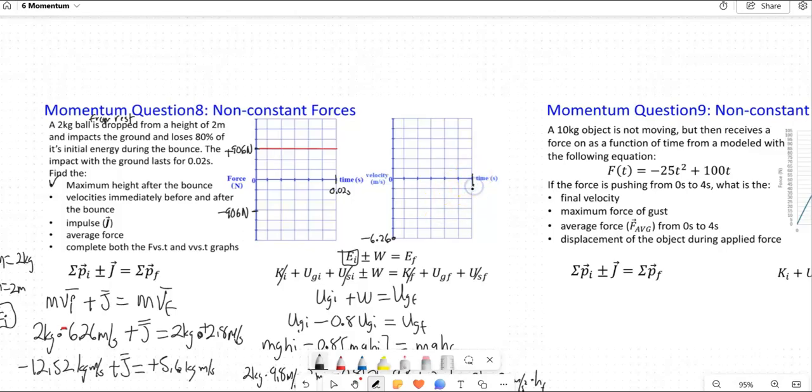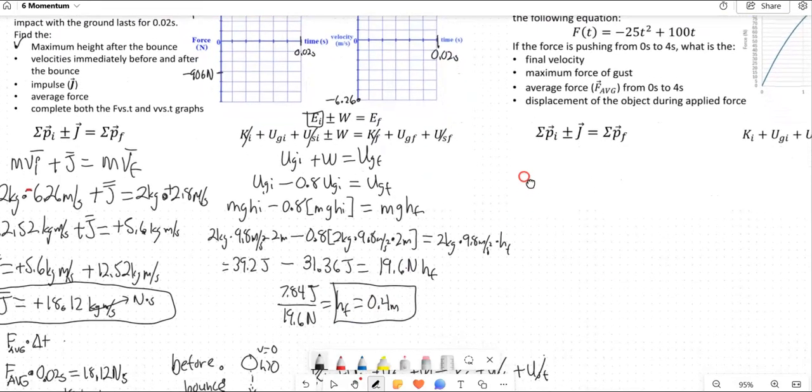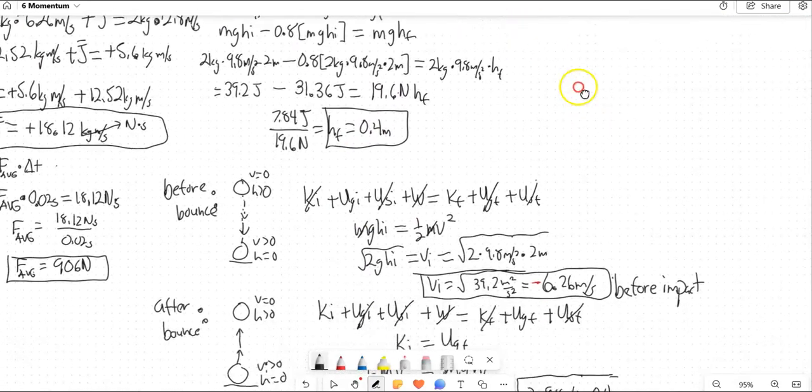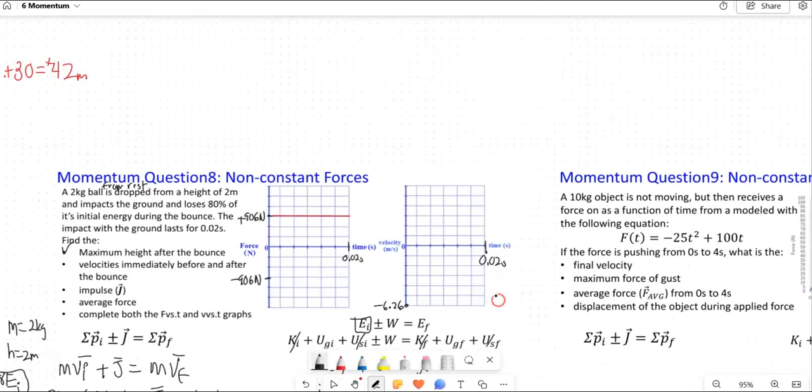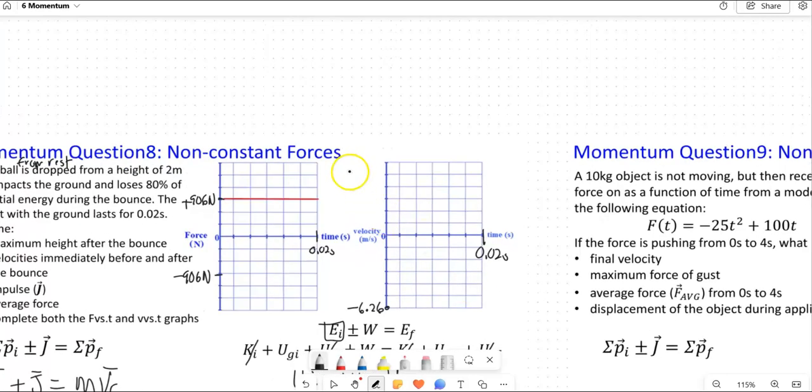And over the period of 0.02 seconds, it's going to wind up at positive 2.8 meters per second. So this will be like positive 6.26. And right in the middle is going to be positive 2.8. And in the middle here is going to be negative 2.8. Obviously it's not to scale, but here is what this guy's change in velocity is going to look like.